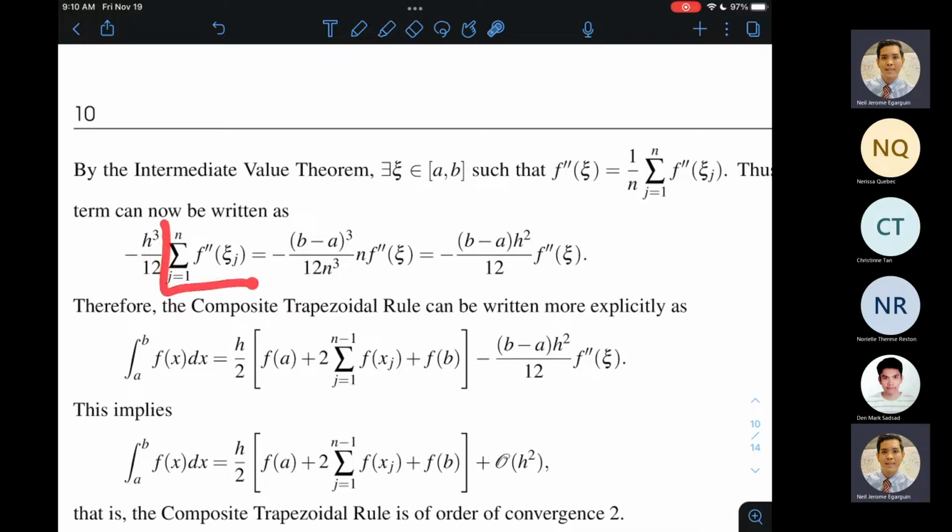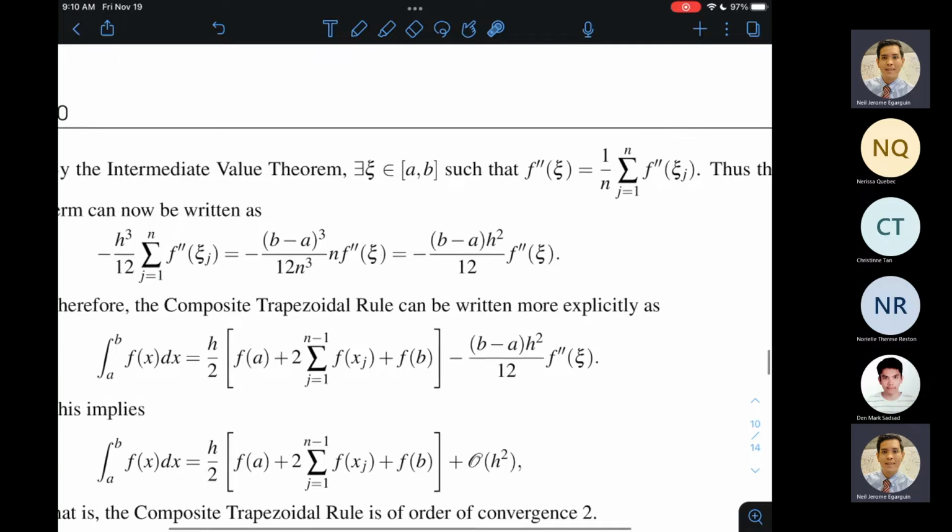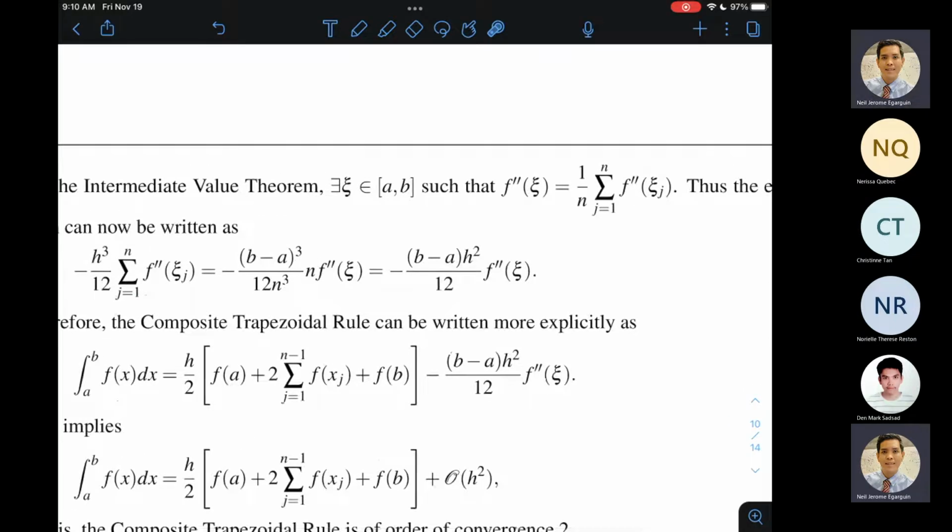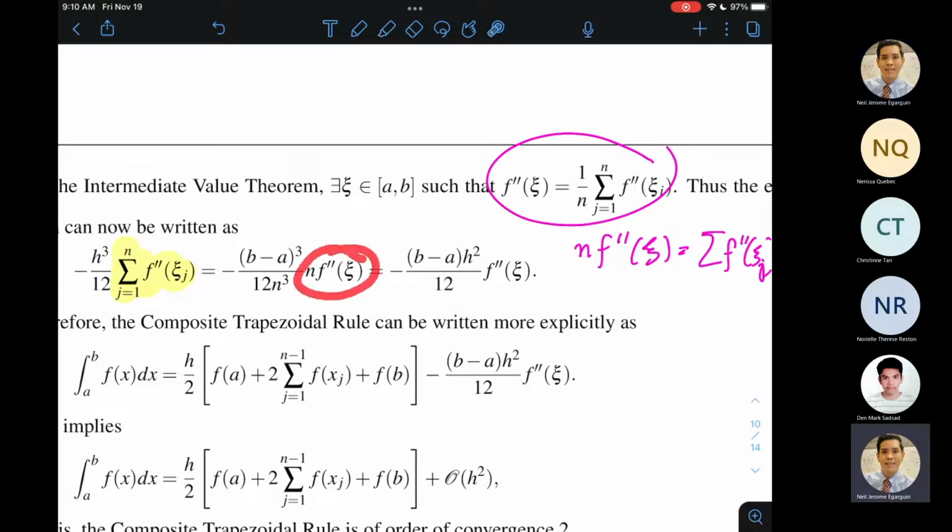And then this guy again, we said it can be written as how? Here it is, okay? I multiply n on both sides to get n f double prime of C equals the summation of f double prime of C sub j's, all right? So the sum of the C sub j's here can be written as n times f double prime of C. And then the n's will cancel each other out, leaving us with an n squared.